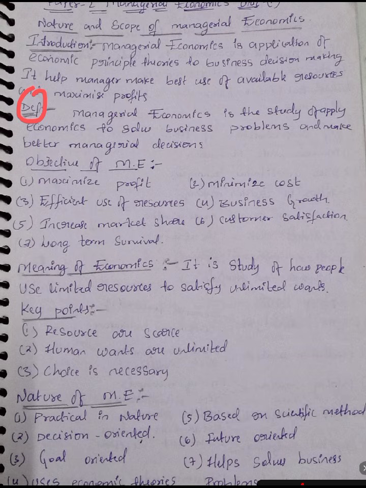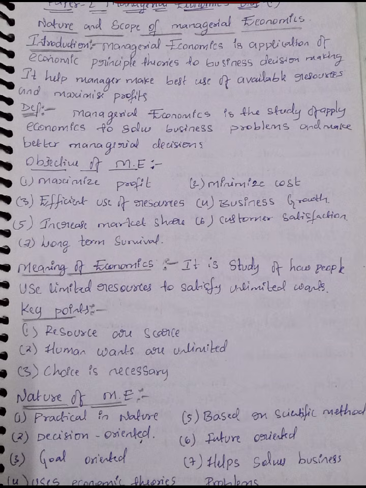The objectives of managerial economics are: maximize profit, efficient use of resources, increase market share, long term survival, minimize cost (just now I said, right?), business growth and customer satisfaction. This is the most important topic here. Based on these six aspects, we are going to discuss this whole unit.